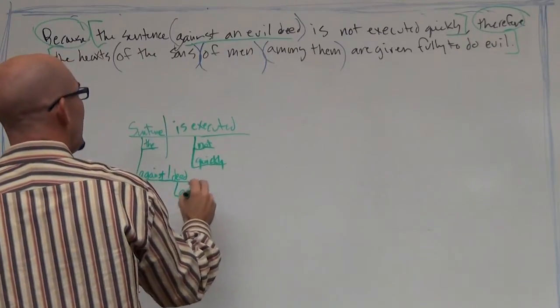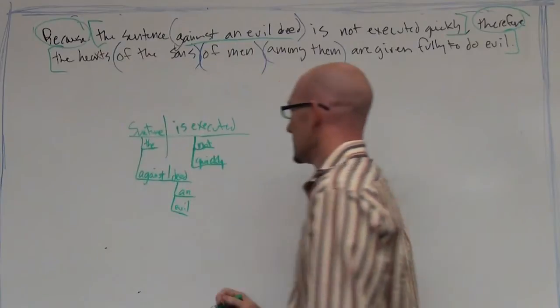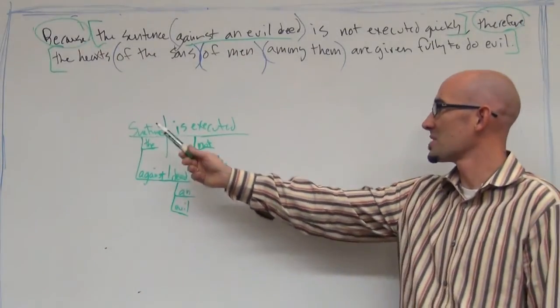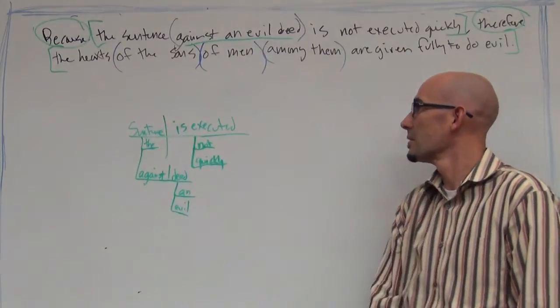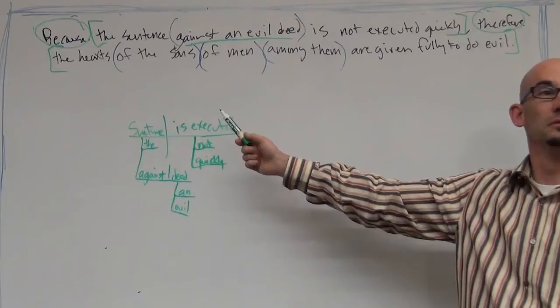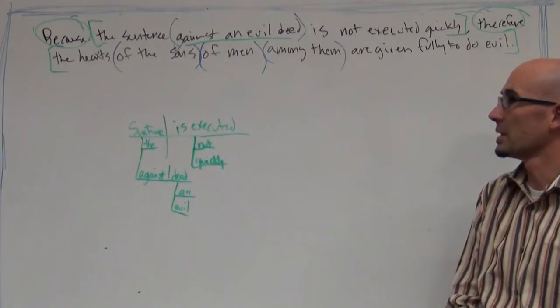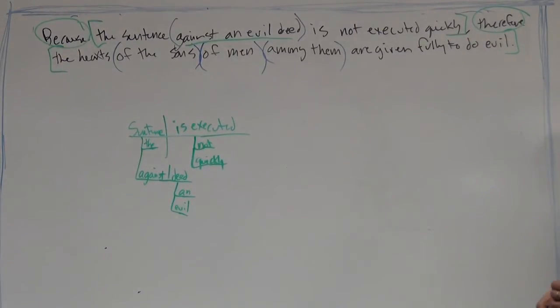Indefinite article and the adjective evil. What kind of deed? An evil deed. What kind of sentence? The sentence, an against-evil-deed kind of sentence. The sentence is executed. It's not executed, and it's not executed quickly. Okay, there's your clause. What's our other clause?